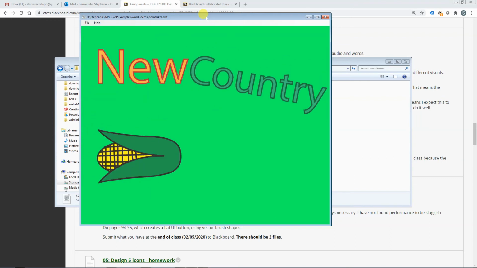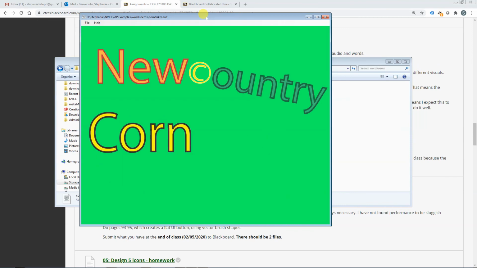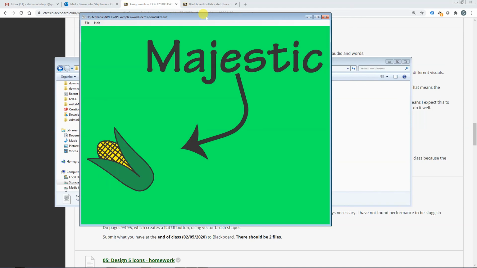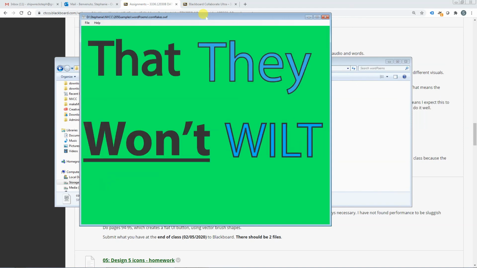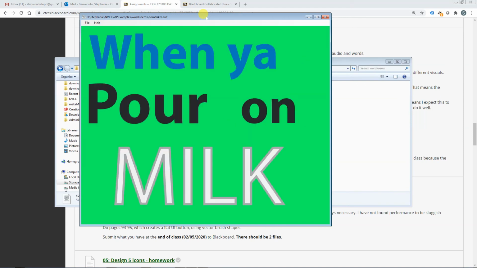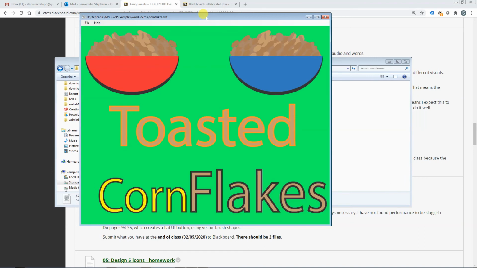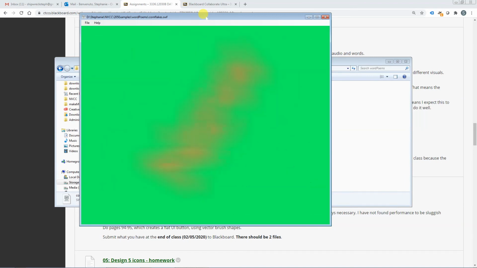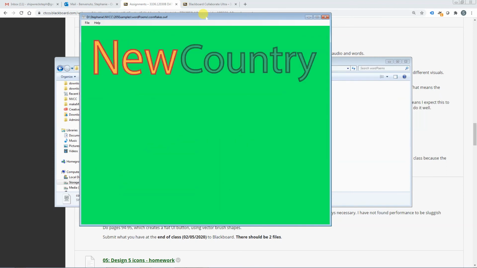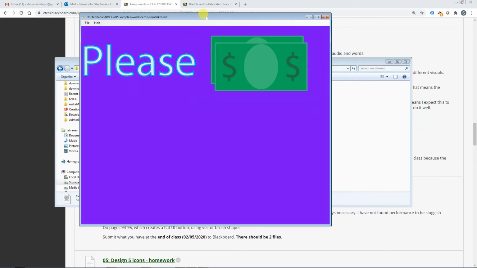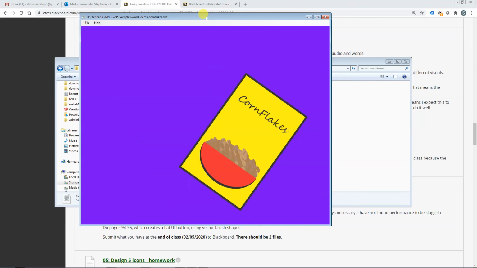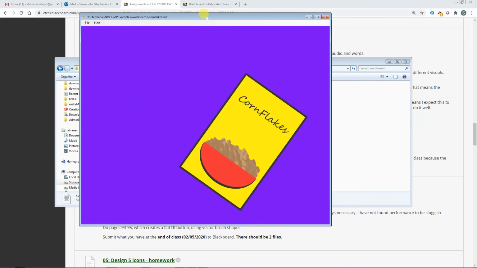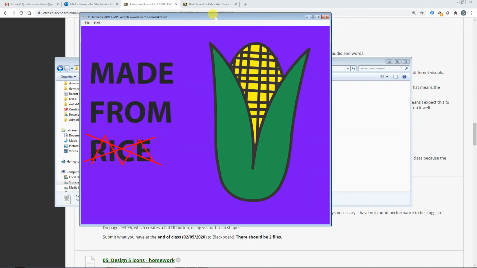From fields of corn, so majestically waving that they won't will when you pour on milk. Double toasted cornflakes made with rice. So buy our cornflakes, you country cornflakes. They're made from corn.